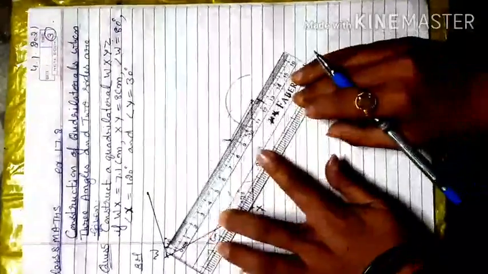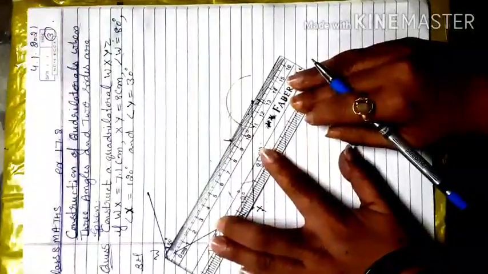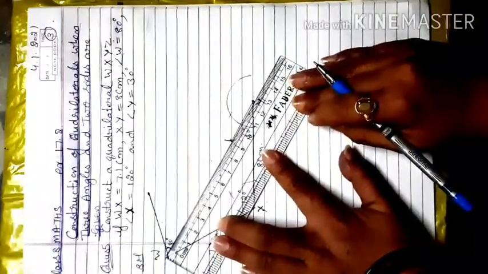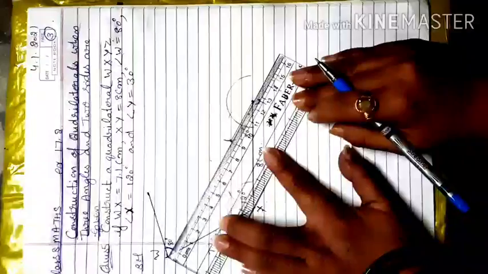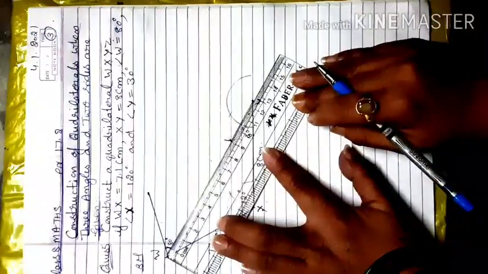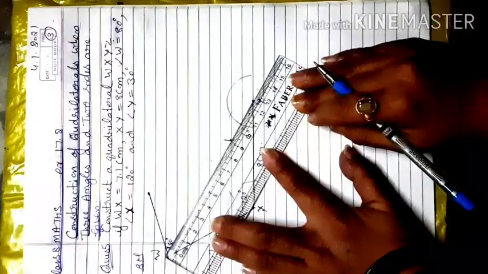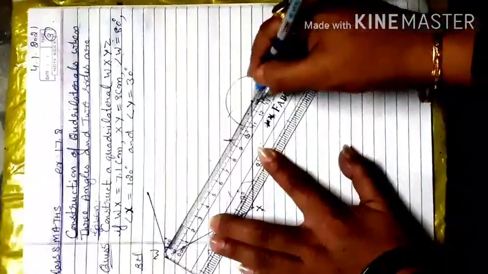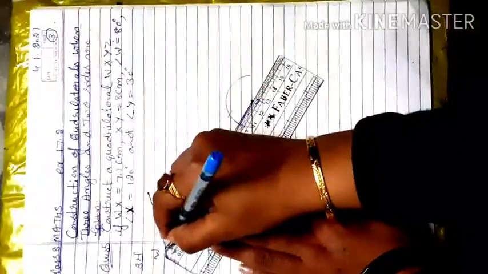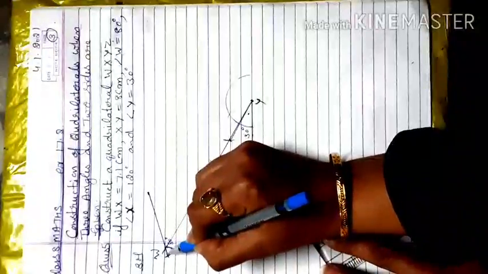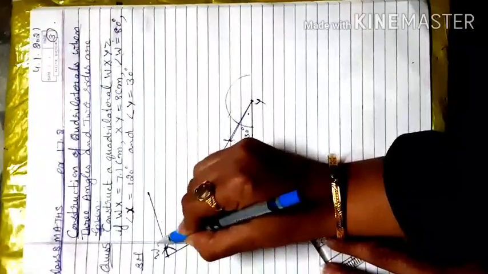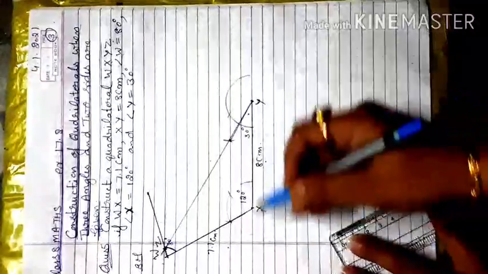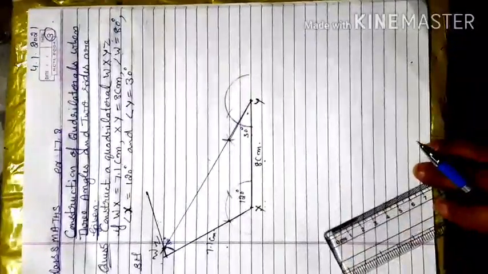We have to extend that line only up to where it meets, because this is 2 points. You have to produce that line up to the W line. So if I extend that one, it will meet at this point. So that point is the Z point. So XYZW is my required quadrilateral here.